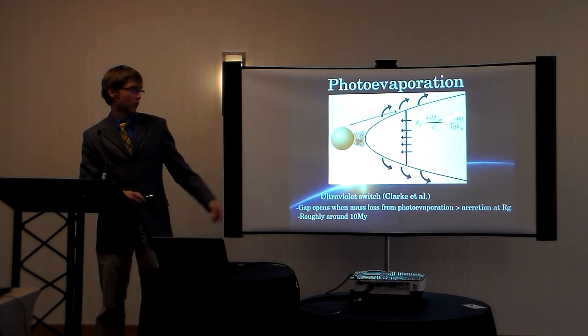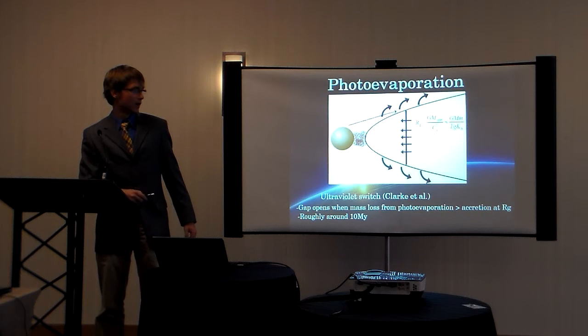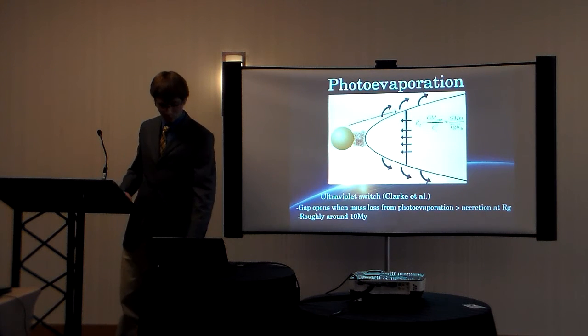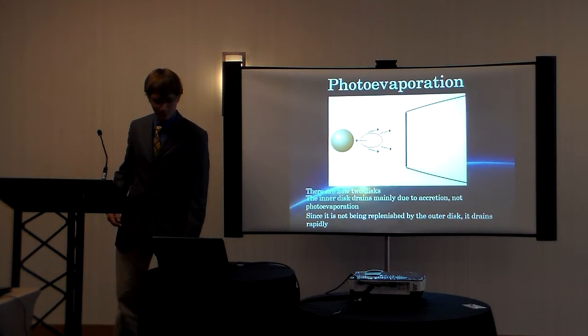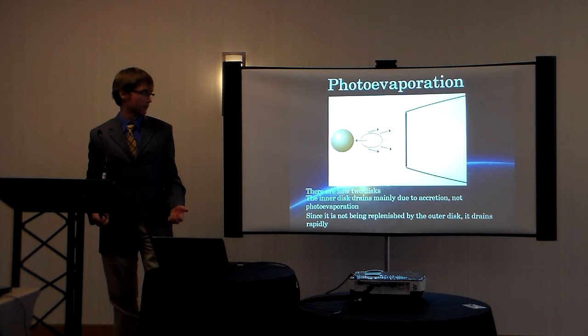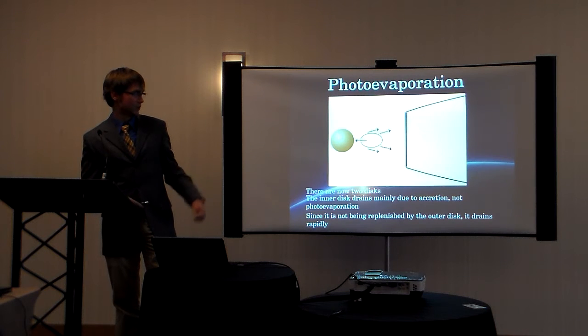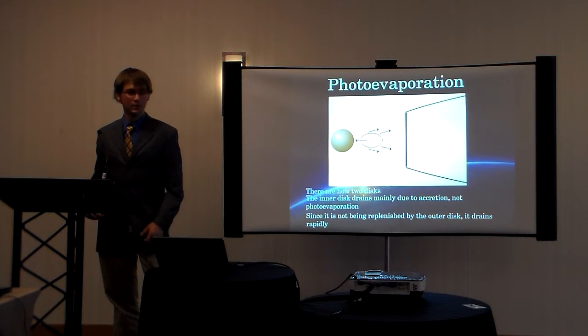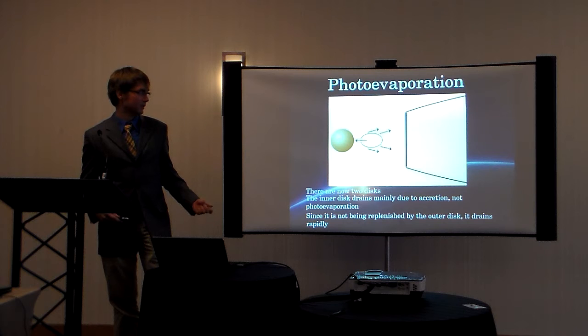And so a gap forms at this radius because it's not being replenished by accretion. And so you get two disks. The inner disk is very thin, and so it doesn't have a very large surface area to be photoevaporated away. It dies almost completely through accretion processes.